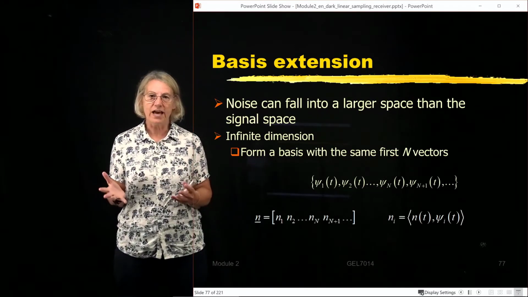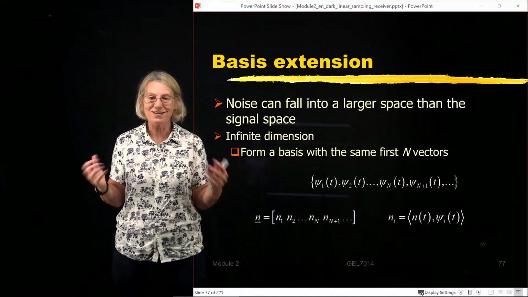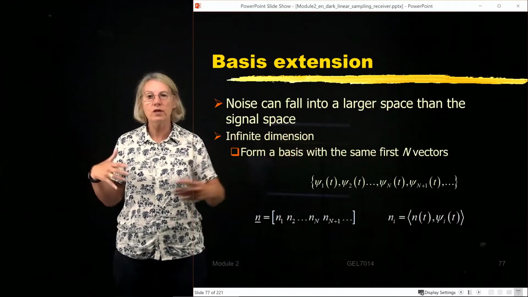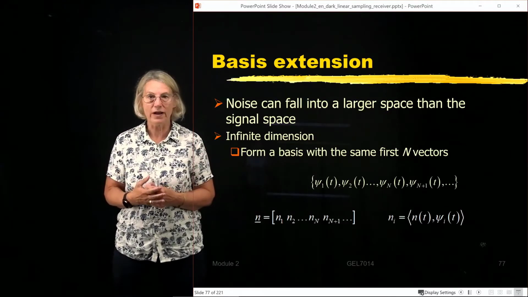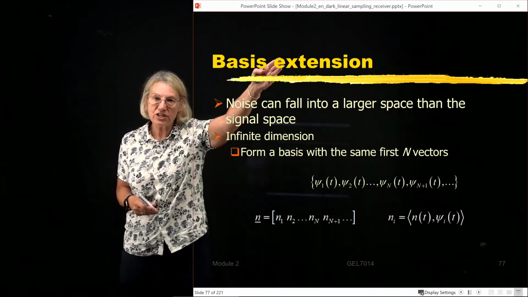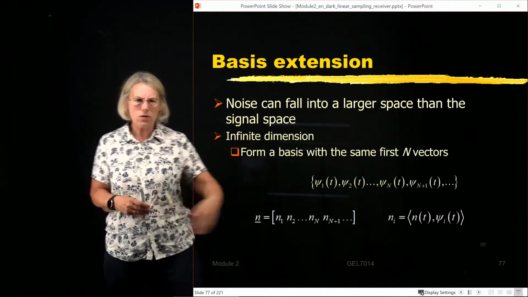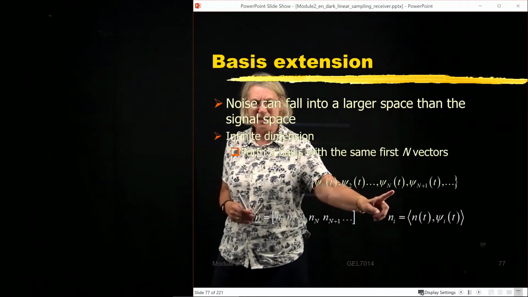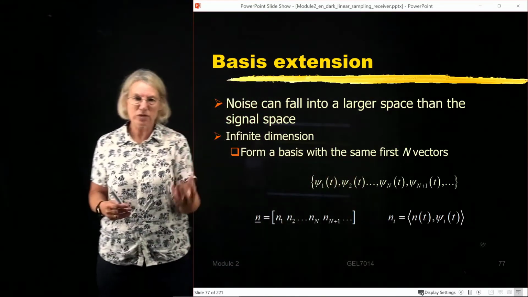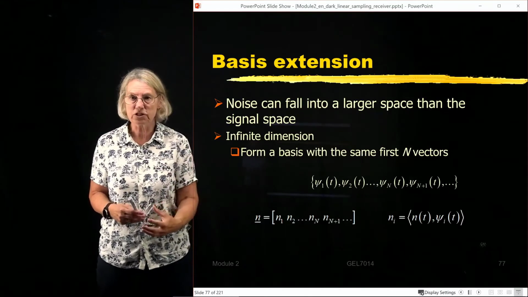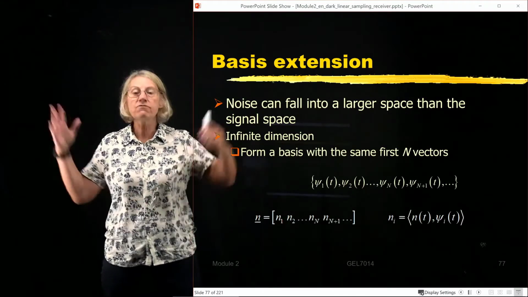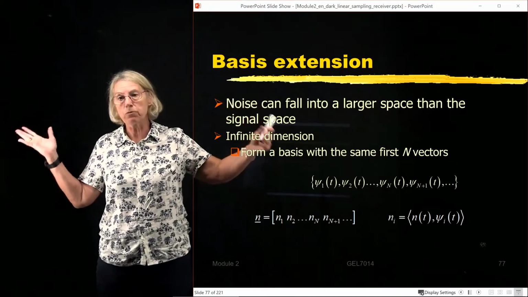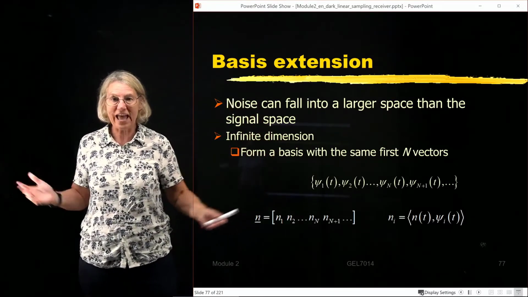The way I do that is I take my signal space and I expand it so that it will cover all of the noise and represent the noise correctly. I think of this as an extension of the signal basis. I have C1 to Cn, which is the original collection of basis functions, and now I have to add to them to create an infinite dimensional space, which will be able to represent the noise which is added.